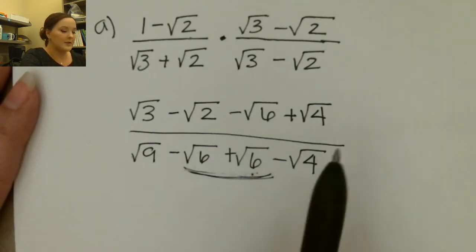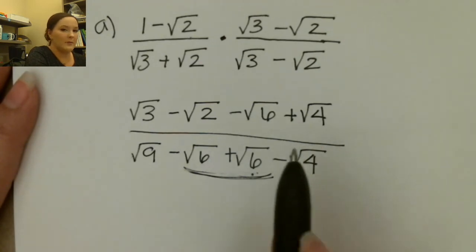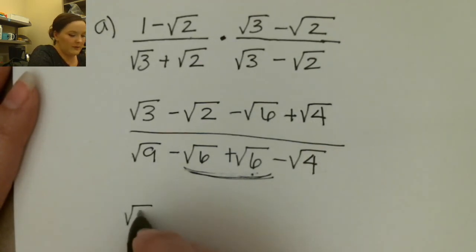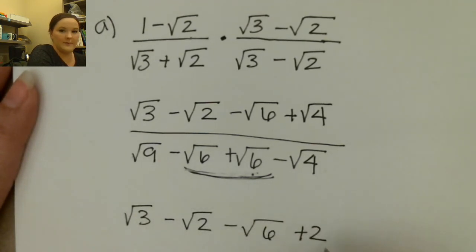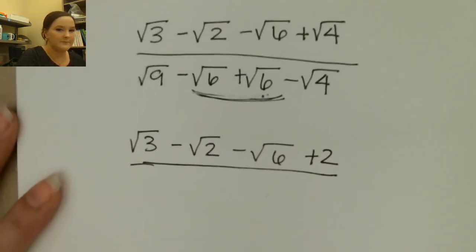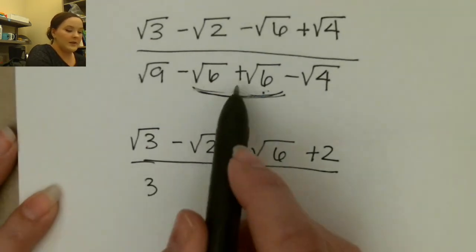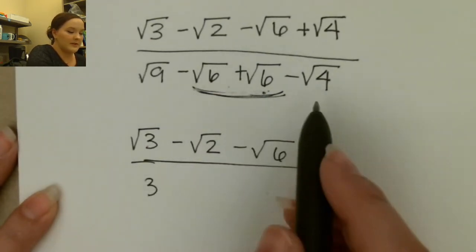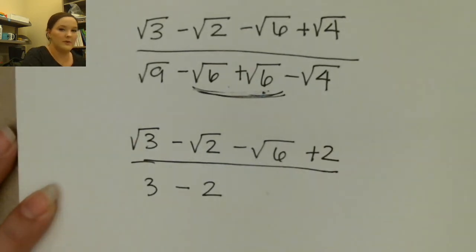In the numerator, the only thing we can do is this root 4 can become a 2. So we'll have root 3 minus root 2 minus root 6 plus 2. Then in the denominator, root 9 is 3. These two terms are going to cancel as we discussed, and this root 4 is 2.